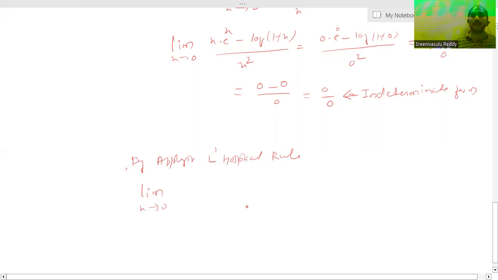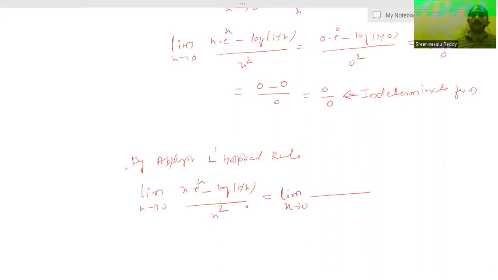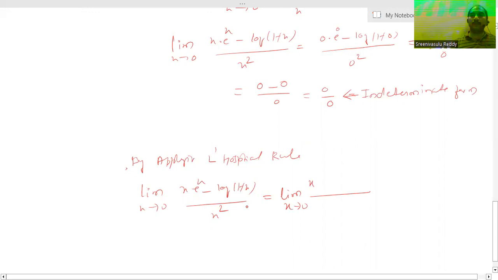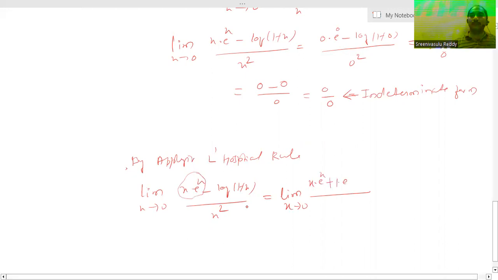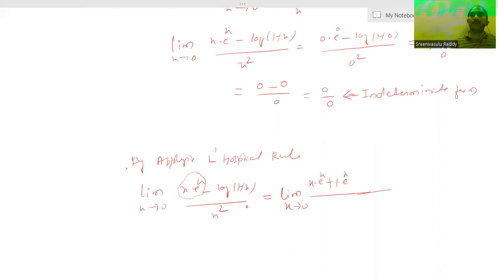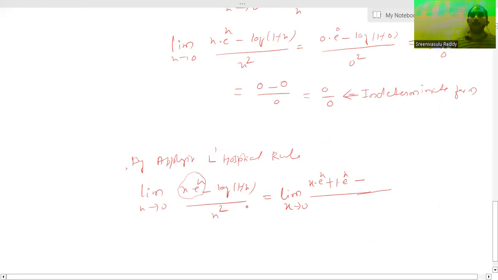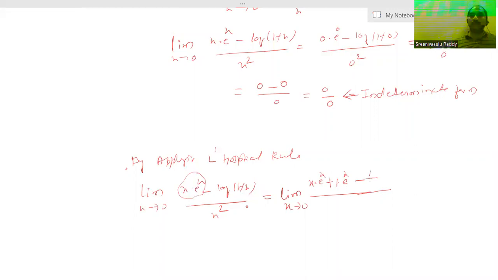Limit x tends to 0 of (x e^x minus log(1 plus x)) by x square equals limit x tends to 0 of the numerator derivative. The derivative of x into e power x by the UV rule: first function into derivative of second function, plus derivative of first function into second function, minus derivative of log of 1 plus x, which is 1 by 1 plus x. The derivative of the denominator function is 2x.